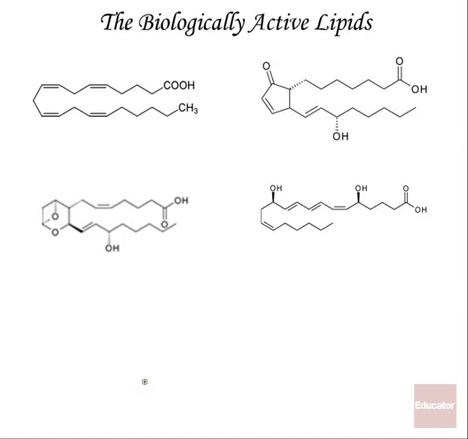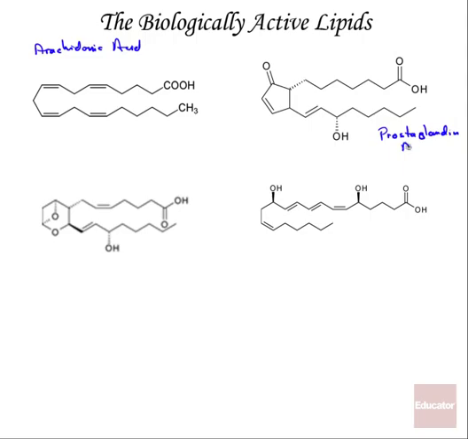Okay, so we've got arachidonic acid. I just wanted to put it up there for you to see it again. So from arachidonic acid, we end up forming, let's see what we've got here. Let me just go ahead and write out what the names of these are. Here we have a prostaglandin.